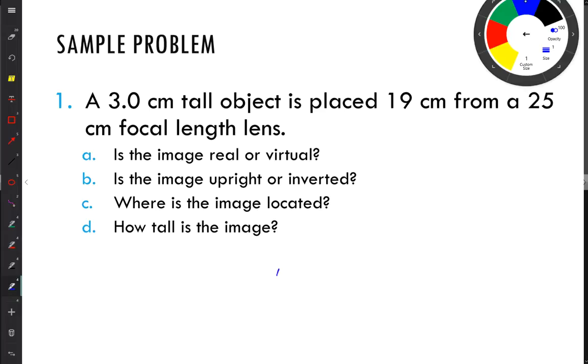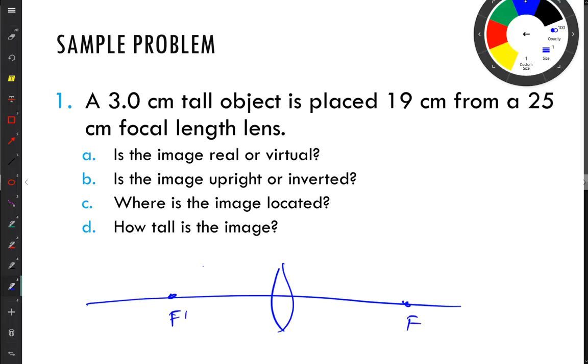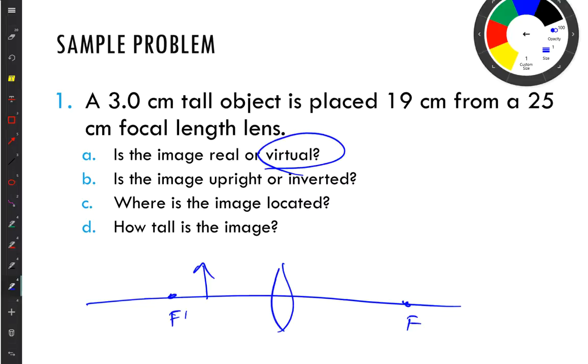Drawing a rough picture. Here's my lens. Here's my principal axis. Here are the focal points. It's placed here. Is that going to produce a real or virtual image? Virtual. Why do you answer virtual? Inside the focal length, so it's virtual. Is the image going to be upright or inverted?